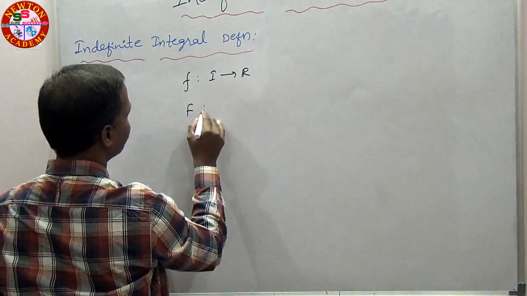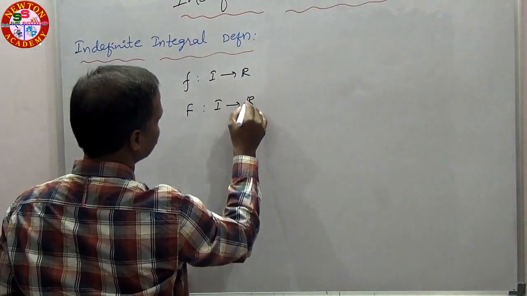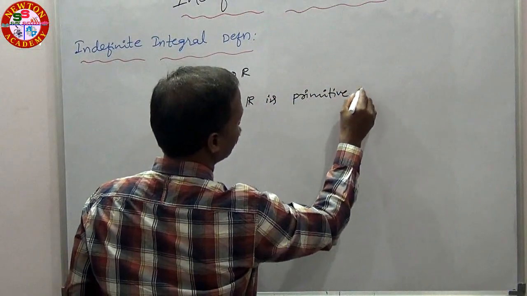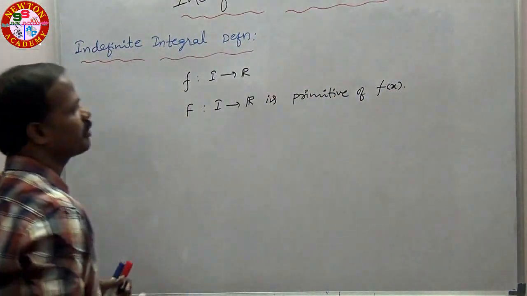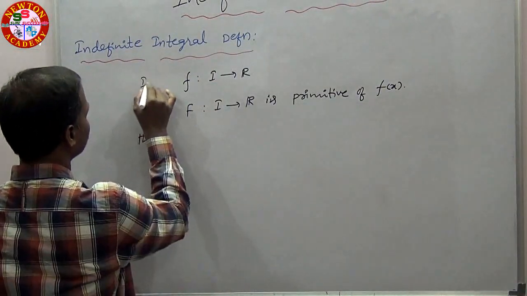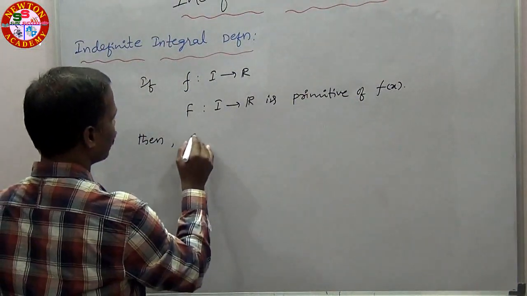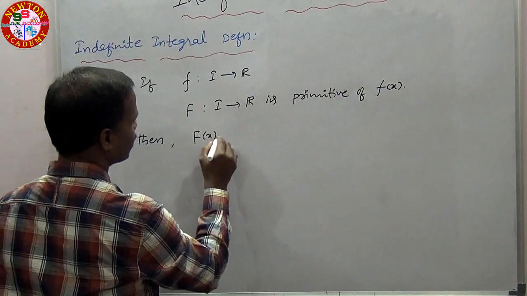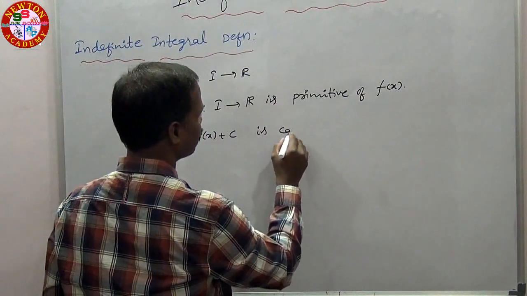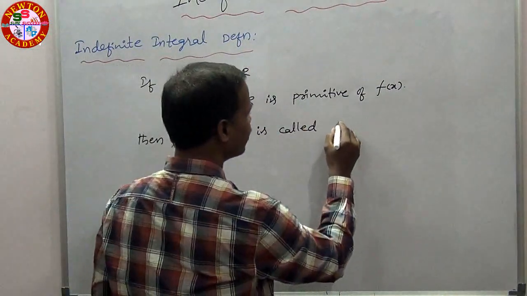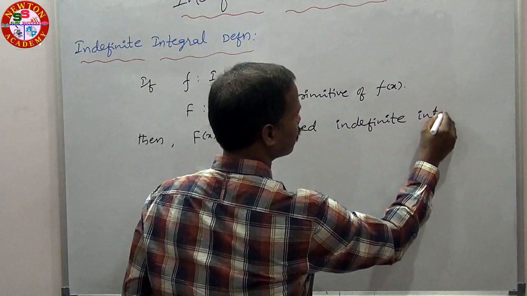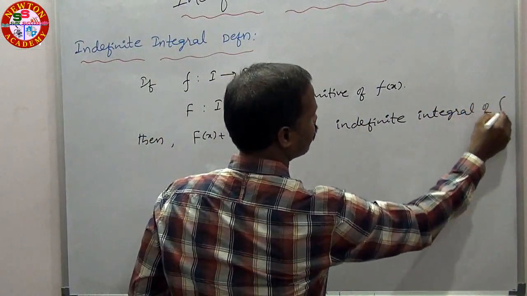If capital F is a mapping from I to R and is a primitive of f of x, then capital F of x plus c is called the indefinite integral of f of x.